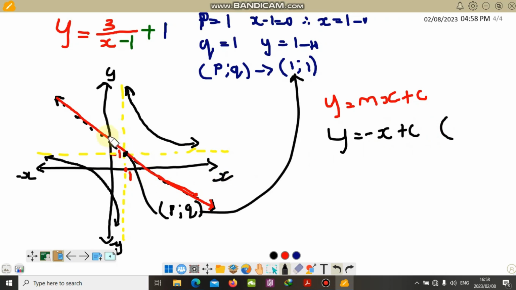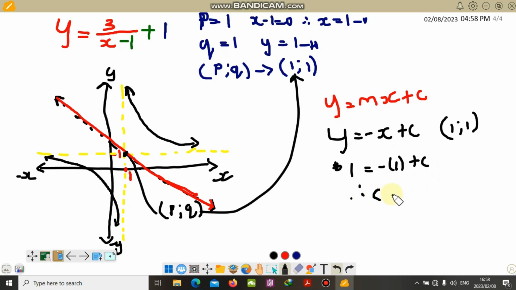This one we do not know. This one we do not know. But we know this one because it is where the asymptotes meet. So that is P and Q, 1 and 1. Right? Therefore we'll substitute y and x as 1: 1 equals minus 1 times 1 plus c.